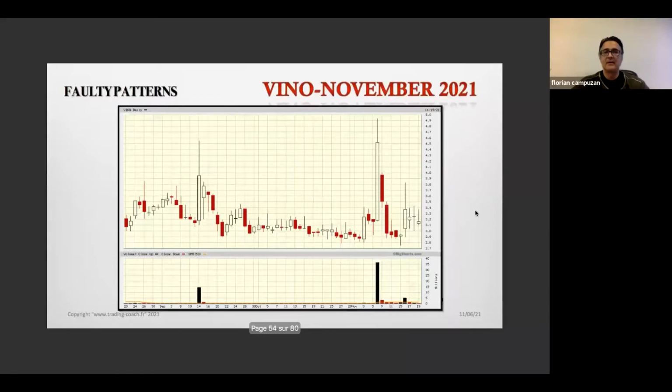There are things we can't explain. In fact, I couldn't take this one. It said nothing. It's chaotic, and it spikes without having formed a healthy consolidation base.